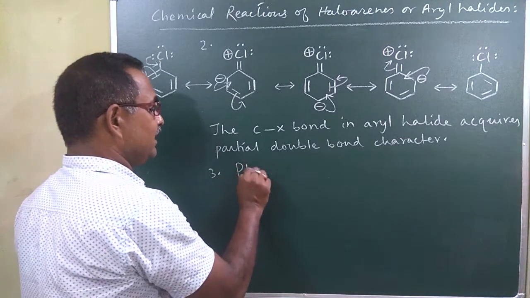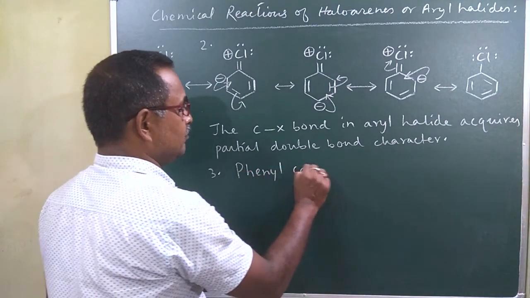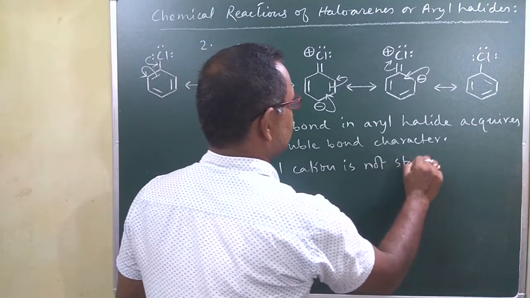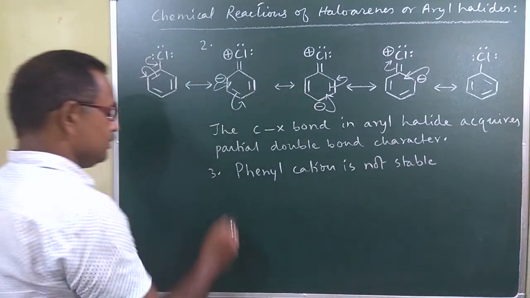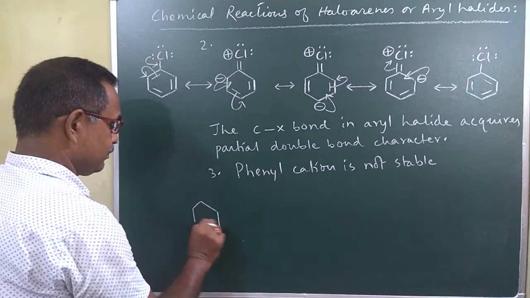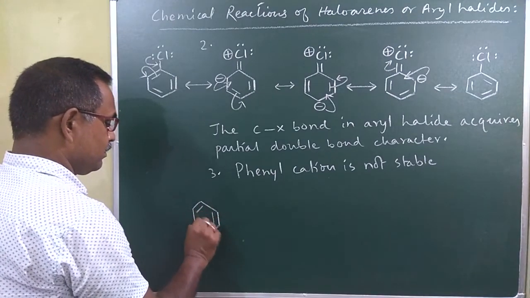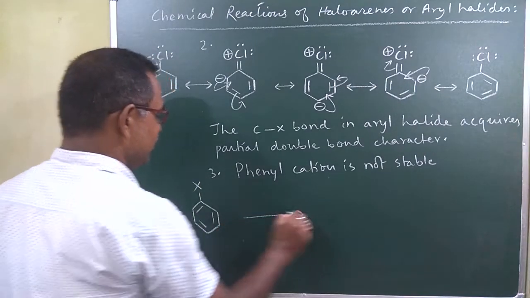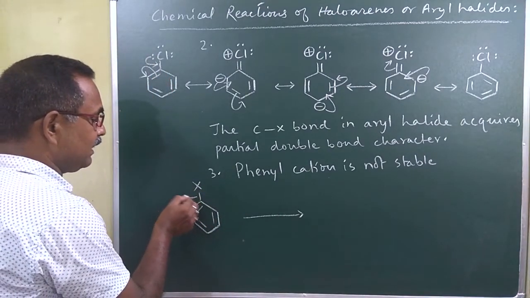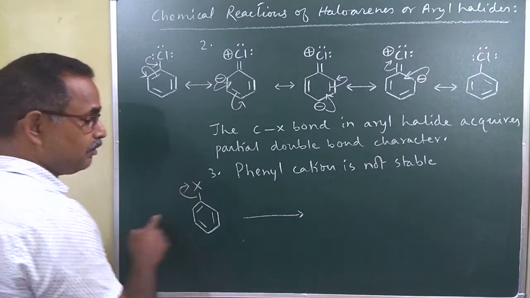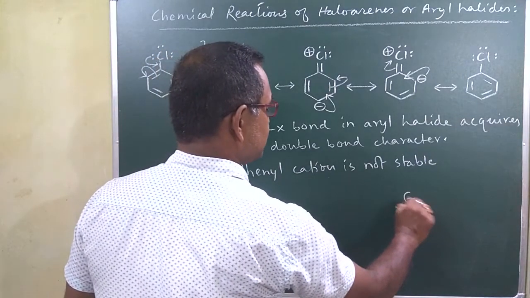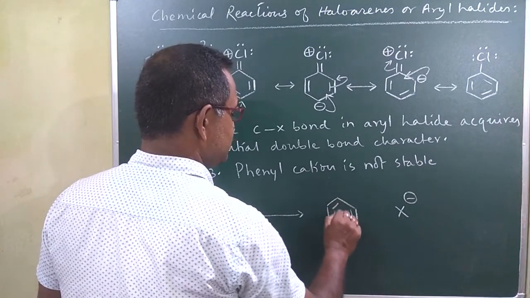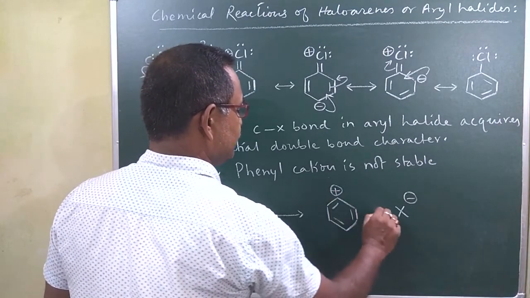The phenyl cation is not stable. Suppose this is an aryl halide. If we imagine heterolytic cleavage of this bond, what will happen? There will be formation of X minus and this cation.